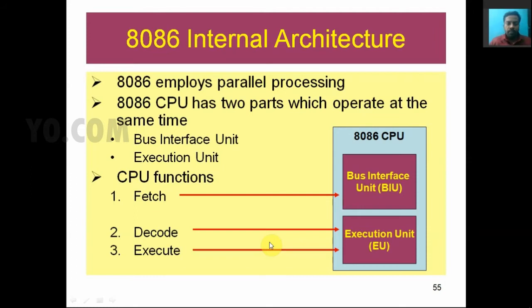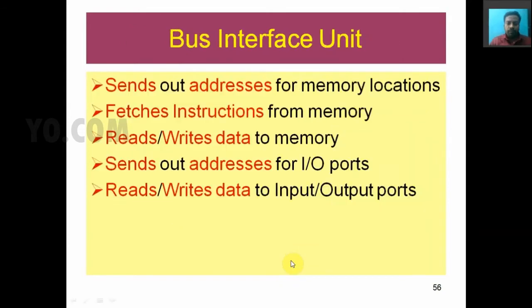Then the bus interface unit functions. The bus interface unit sends out the address for a memory location. It communicates with the memory and IO, so it sends out the address of the data to the memory.